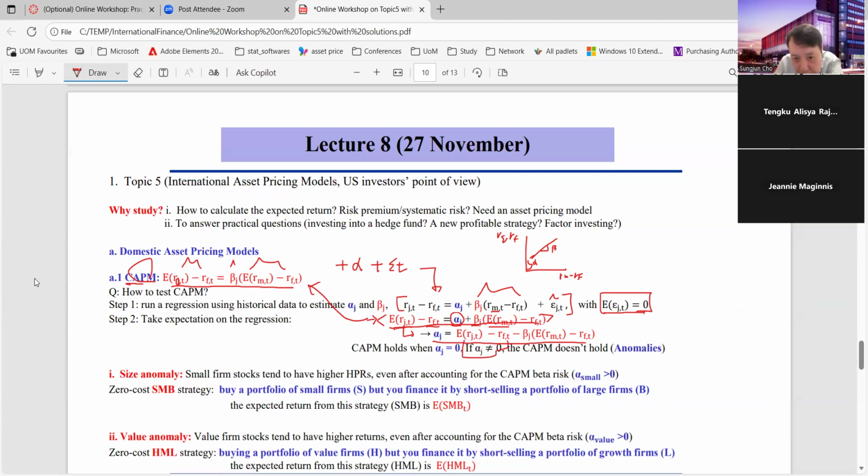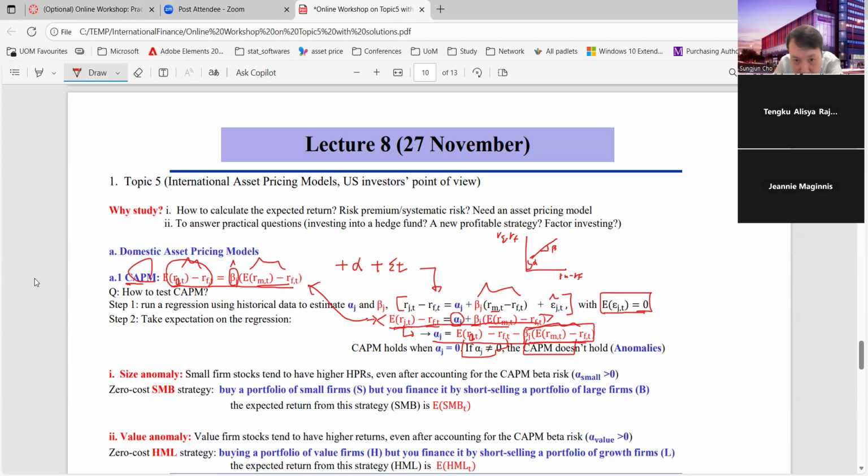First of all, this part is the excess return from buying and holding asset J. If CAPM is a good model, this should be the excess return you earn from buying this asset. If the CAPM model is correct, the excess return from buying and holding asset J should be equal to beta of J times the market excess return. That's what we have here.